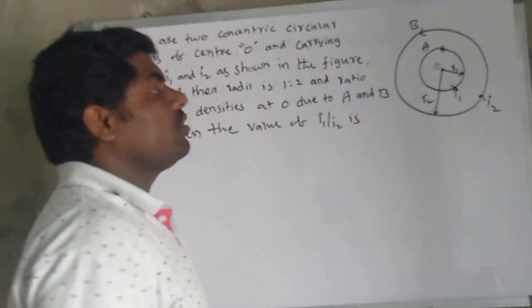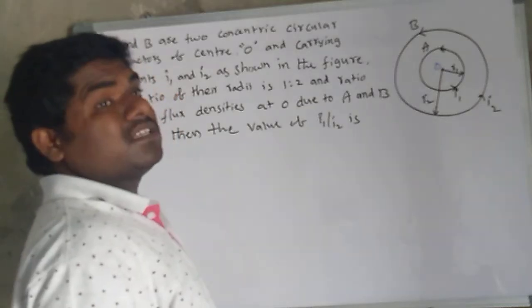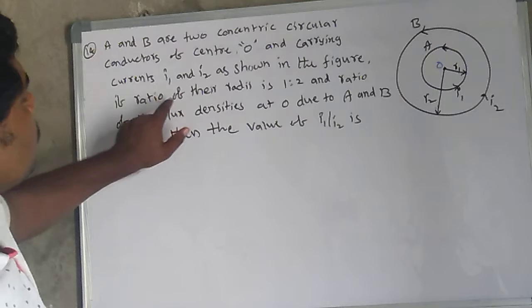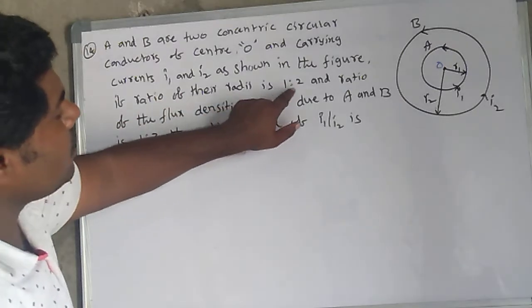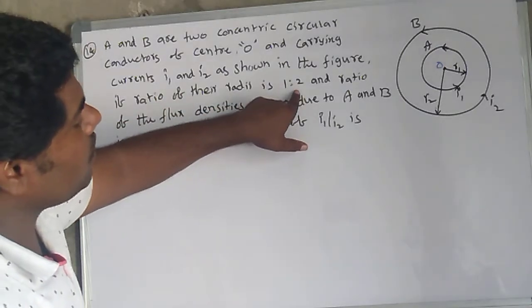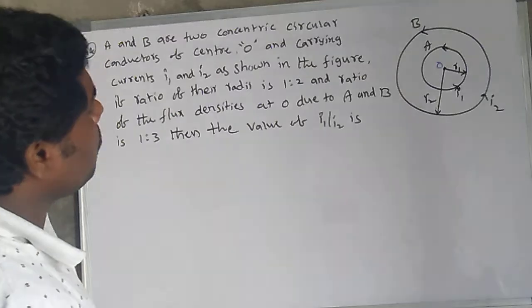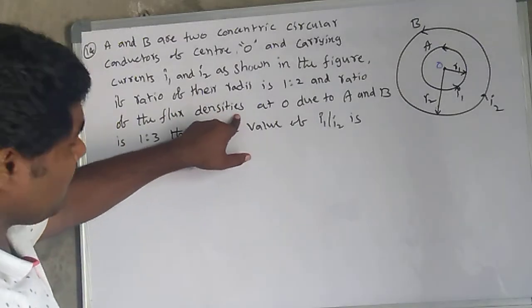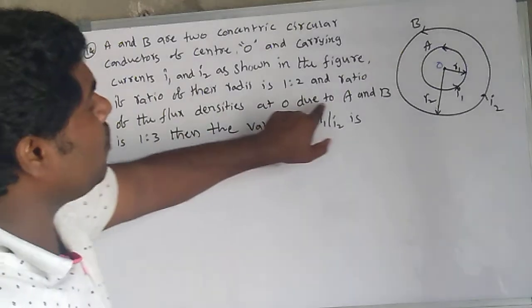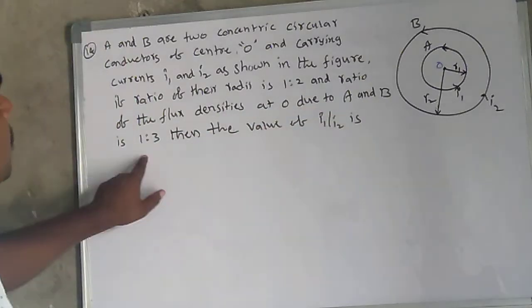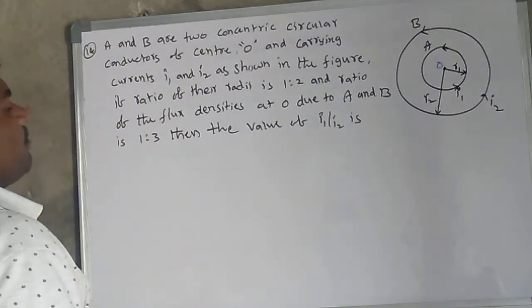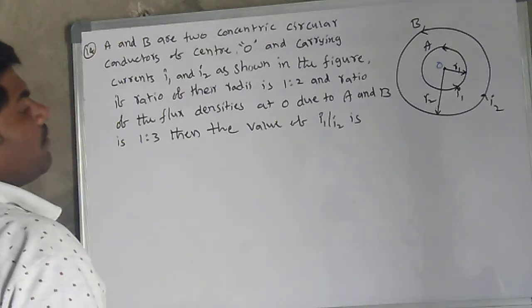Inner radius R1, outer radius R2. The ratio of their radii is 1:2, R1 by R2 is equal to 1 by 2, and the ratio of the flux density, nothing but magnetic induction or magnetic field at O due to A and B, B1 by B2, is equal to 1 by 3. Then find the value of I1 by I2.